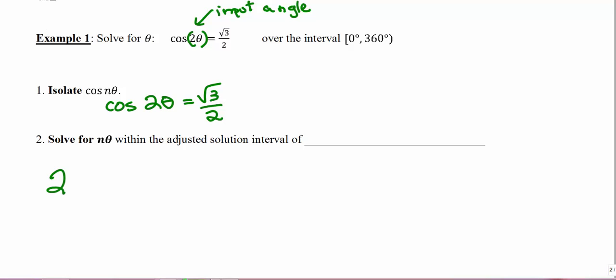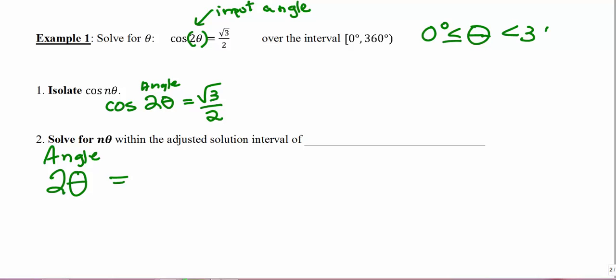What does the angle 2 theta have to be? Whatever the original angle is, that 2 theta, we're going to put that angle on one side by itself, and we're going to solve for 2 theta between what? Well, eventually what we want to get to is theta itself between 0 and 360.